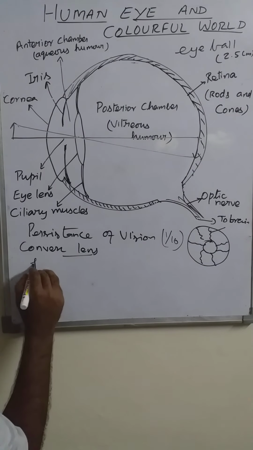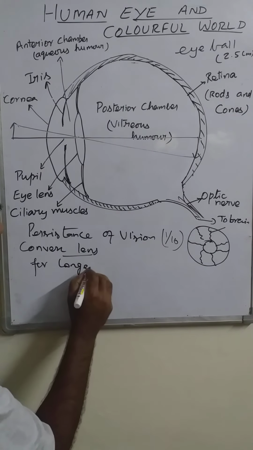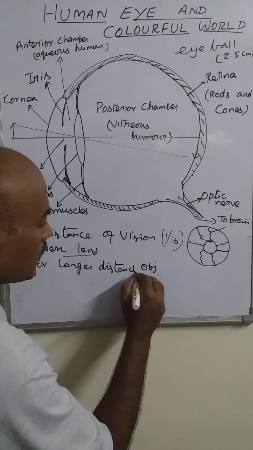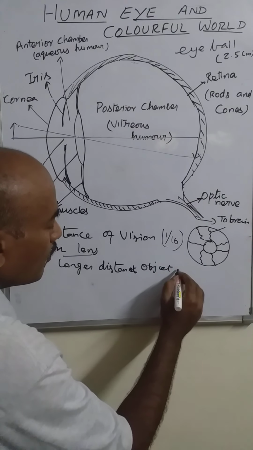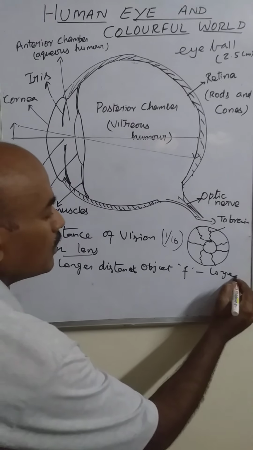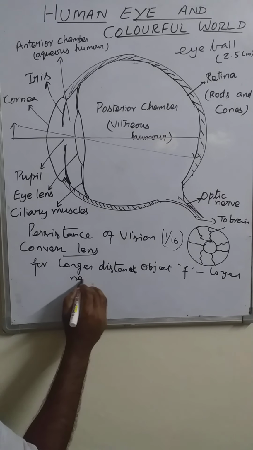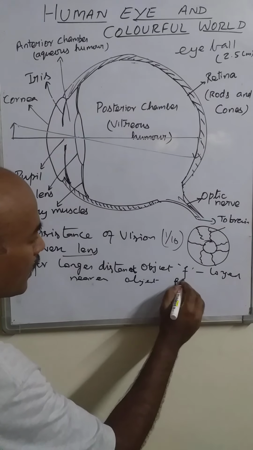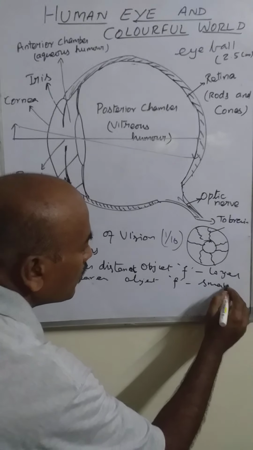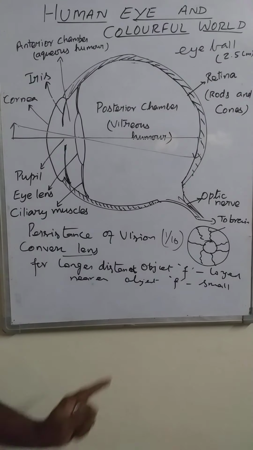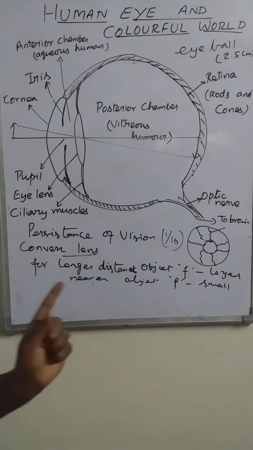For a longer distant object, the focal length is longer, and for a nearer object, the focal length is small or short. This changing of focal length takes place with the help of the ciliary muscles.